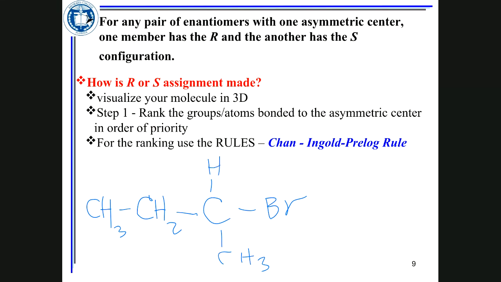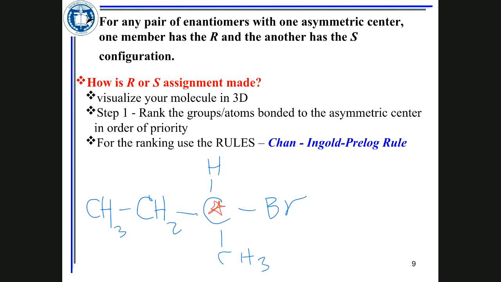The atom directly attached to the chiral center with the highest atomic mass would take the highest priority.